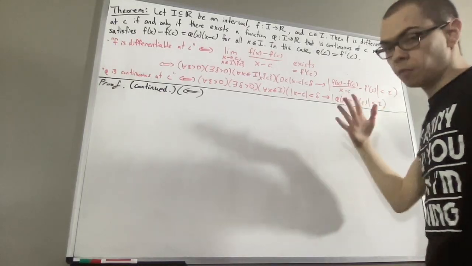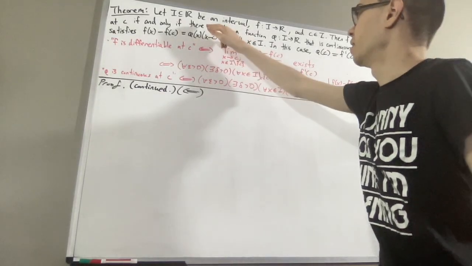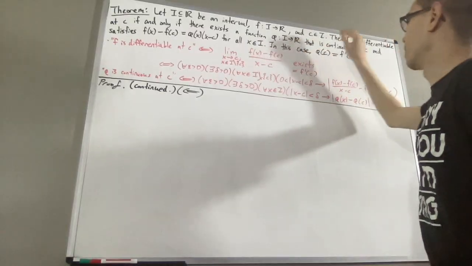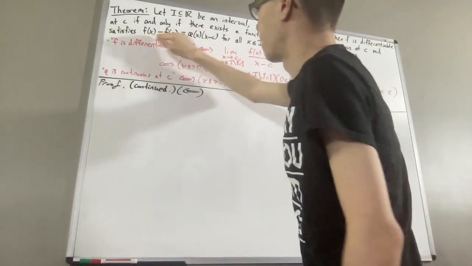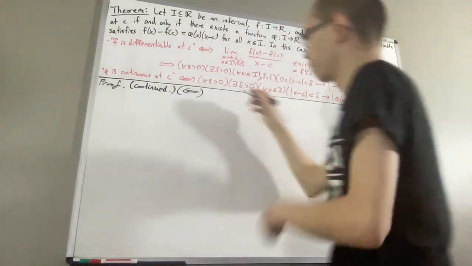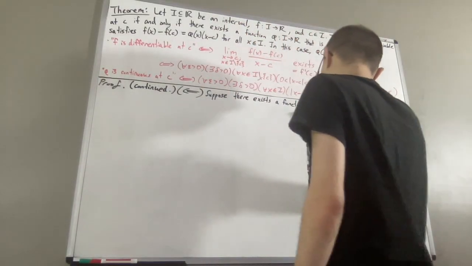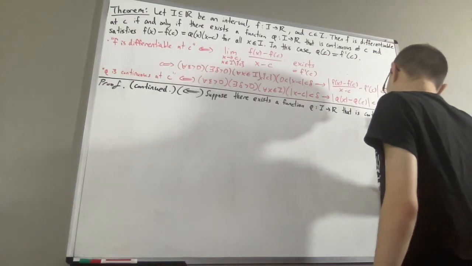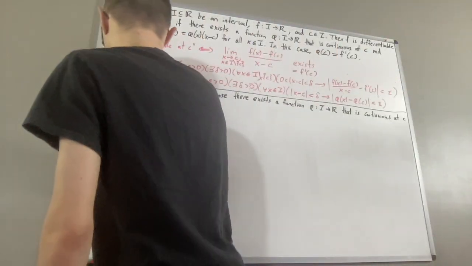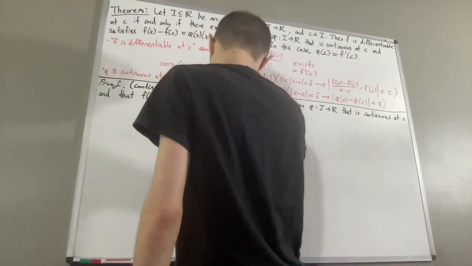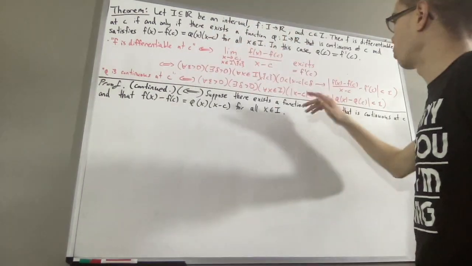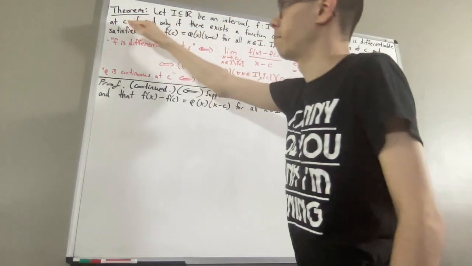So, to prove the converse, we will suppose that there is a function phi from I to R that is continuous at c and satisfies this equality for all x in I. From here, we want to show that f is differentiable at c.